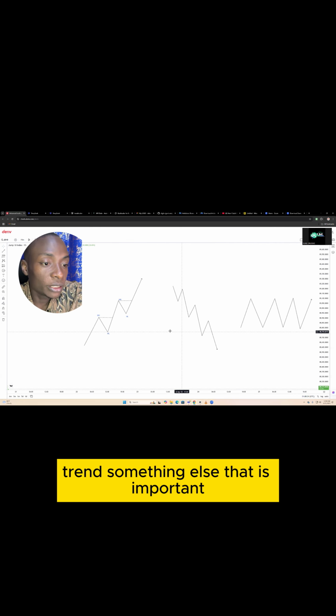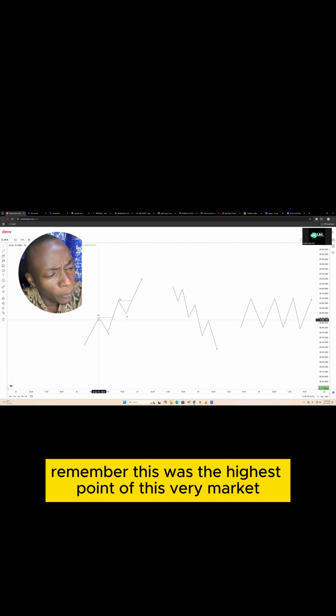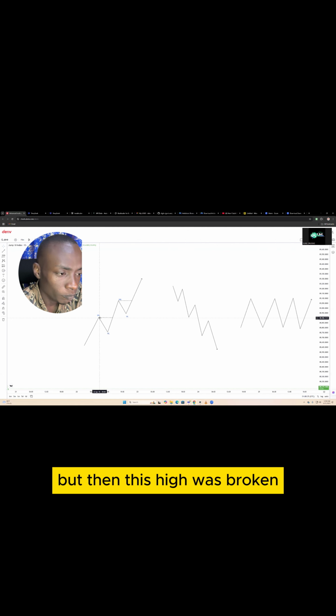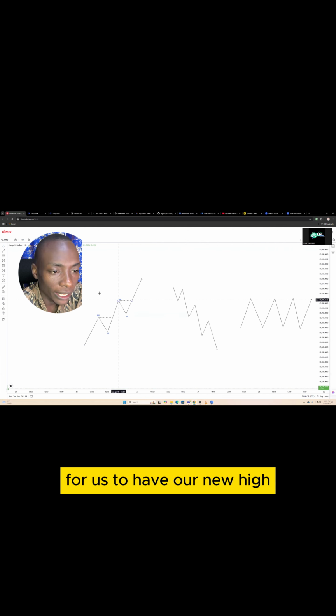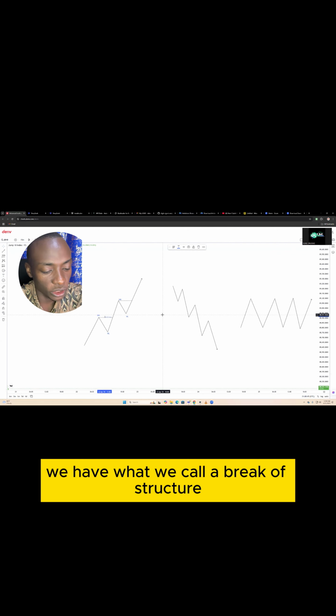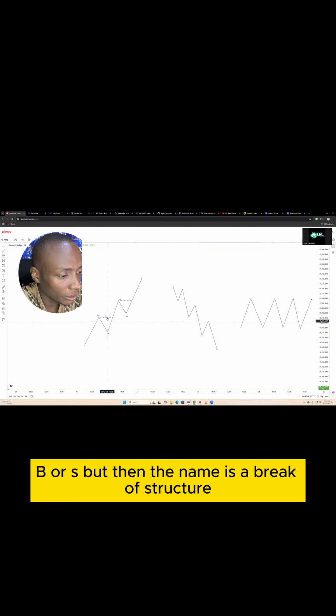Something else that is important for you to understand is, remember, this was the highest point of this very market. That is why it's called a high. But then this high was broken for us to have our new high. So at this particular point, we have what we call a break of structure, BOS, but the name is a break of structure.